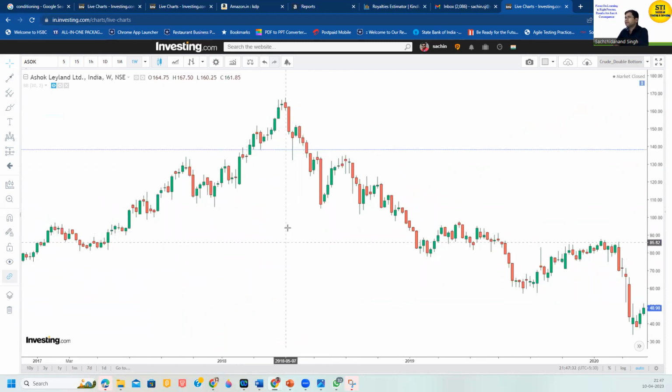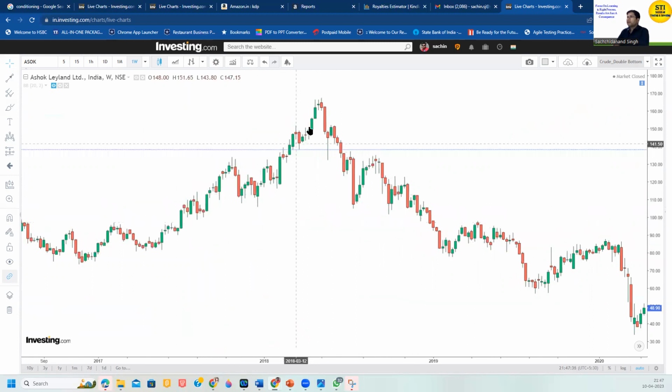I mean, the market is closed, but I'm on investing.com. I have selected the weekly time frame for better clarity. So if you look at this particular chart, how do you identify a head and shoulder pattern?